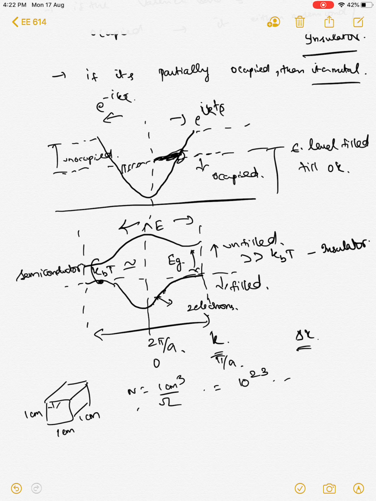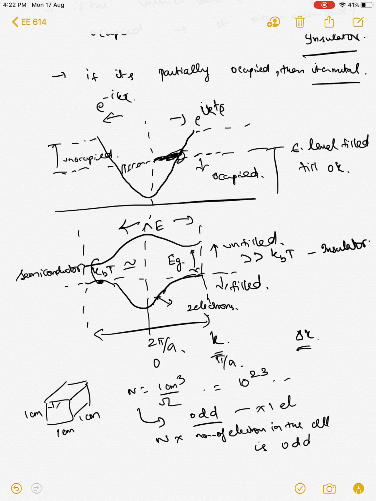And if this N number of unit cells turns out to be odd, and each unit cell has one electron, then if this product, N times the number of electrons in the cell, is odd, you can automatically tell that the last band is only partially filled.